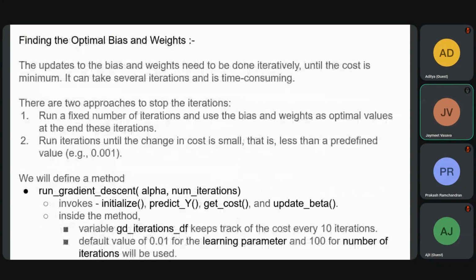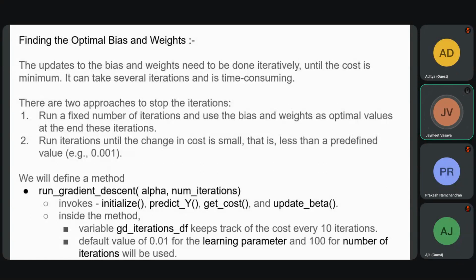Now, finding the optimal bias and the weights. To update the bias and the weights, we need to do it iteratively. Basically, we are going to pass through several iterations of the data set in order to get the optimal values for the bias and the weights that we are searching for.